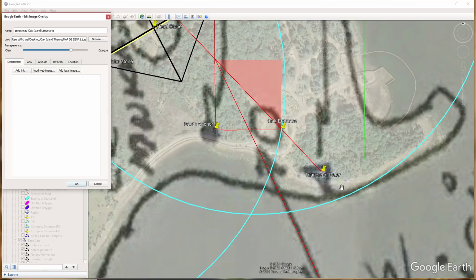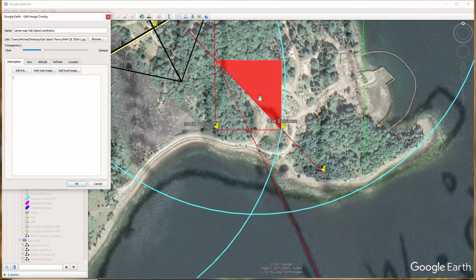It's telling us that this line, this 45-degree line, which is denoted by this arrow and the angle of the triangle here, is such as this one. And that is the triangle of Peter and its function according to what's going on between the oak entrance and the south anchor. And of course, the 45,522 point is right there, right up here.